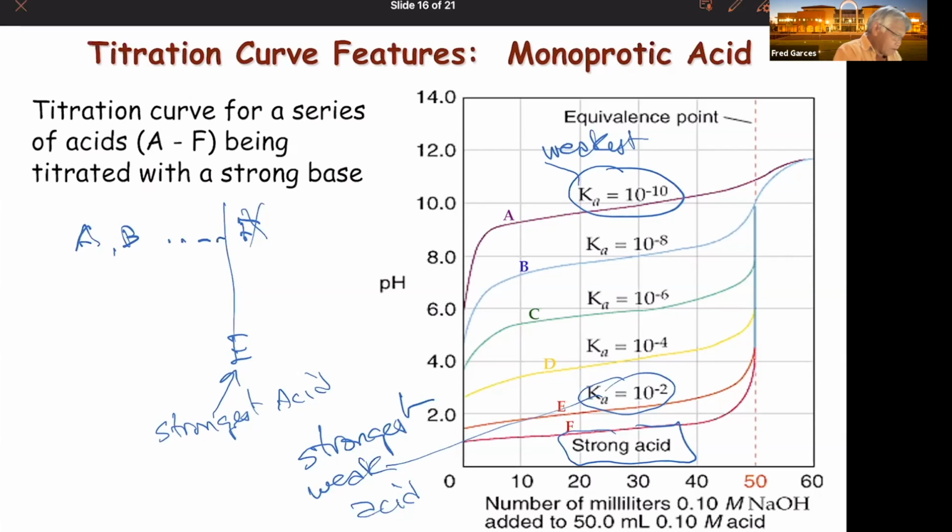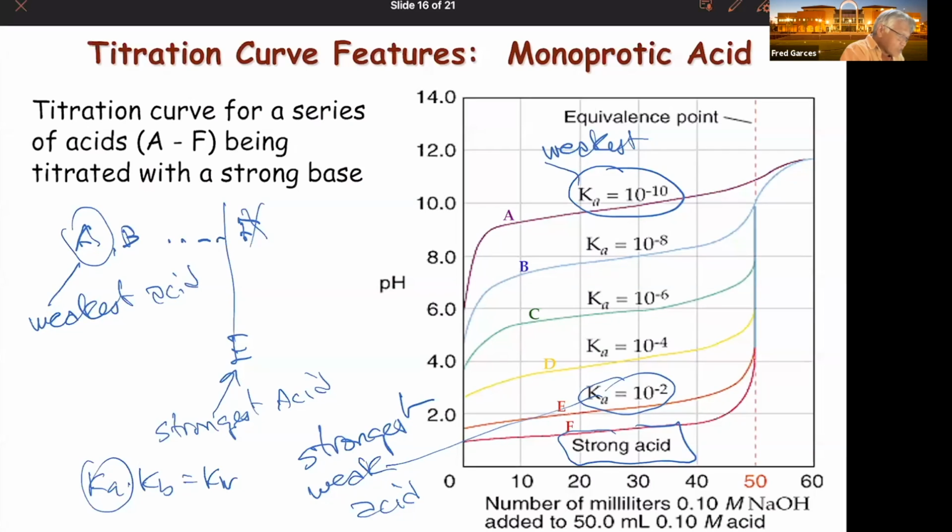All you've got to remember is that Ka times Kb equals Kw. If the Ka is large, then the Kb is going to be small because they have to multiply to 10 to the minus 14. If this is your weakest acid, then its conjugate is going to be the strongest base.